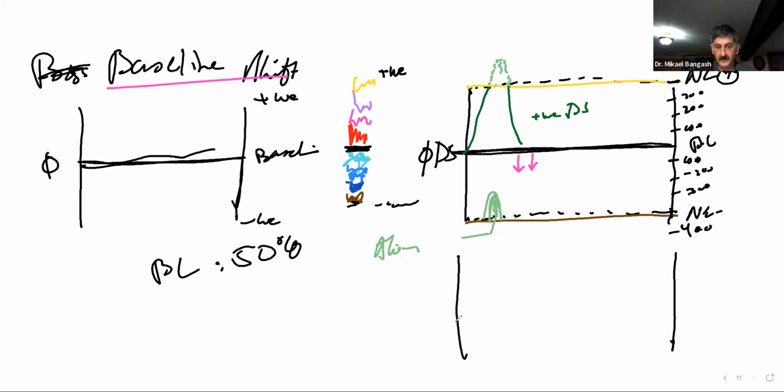So what you will see is that your baseline is going to be like this, and this will go to minus 100, minus 200. We're up here. This will be 100, 200, 300, 400, 500, and we can say even 600.